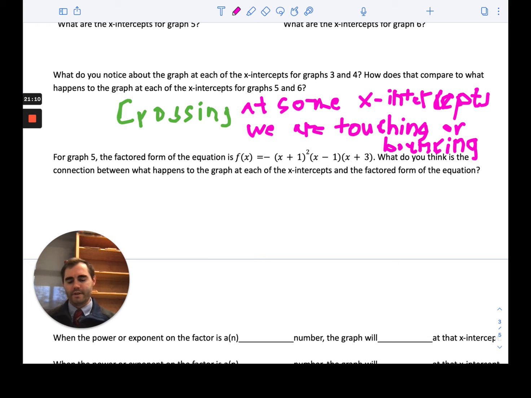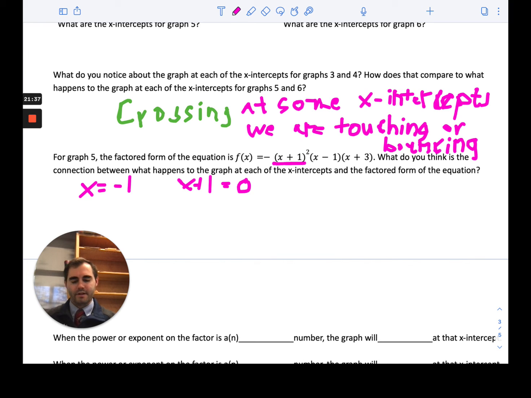So as we mentioned, one of the x-intercepts was x is equal to negative 1. And so that would have to come from this factor right here, right? Because to find the x-intercept from the factor, we would try to figure out, well, when is x plus 1 going to be equal to 0? And so in order for us to get 0 from adding 1 to something, x would have to be negative 1, right?